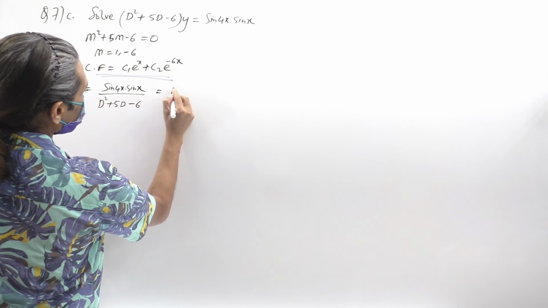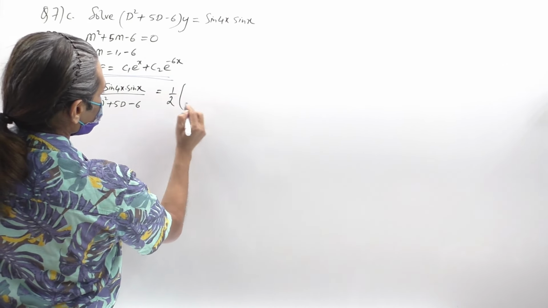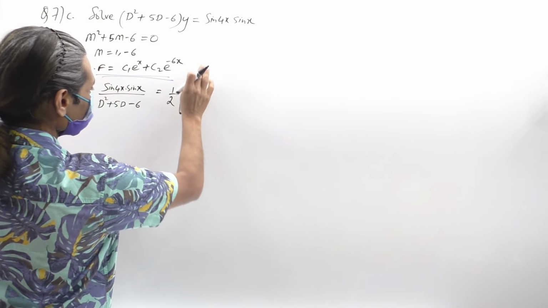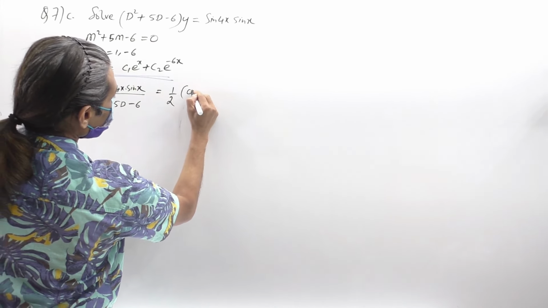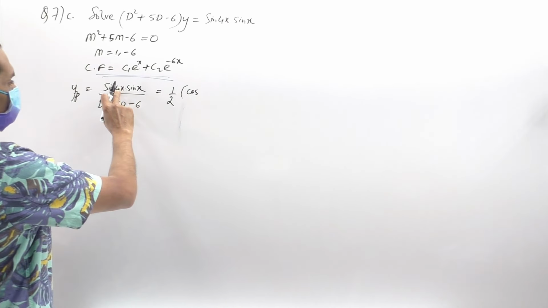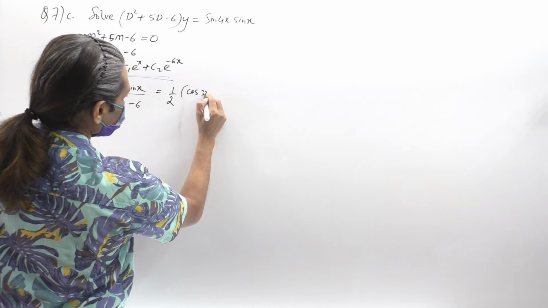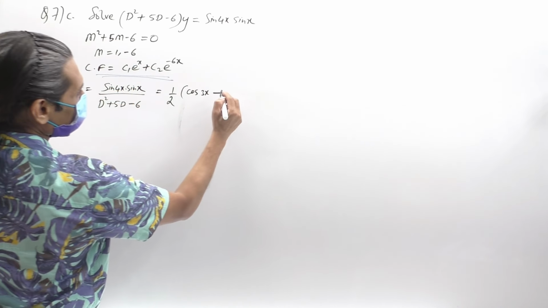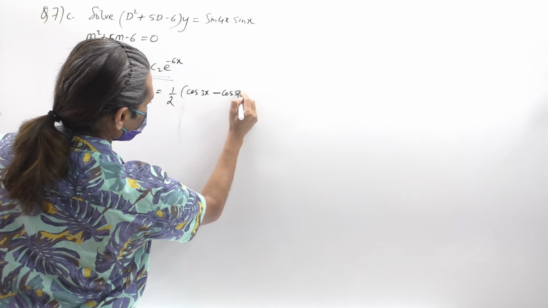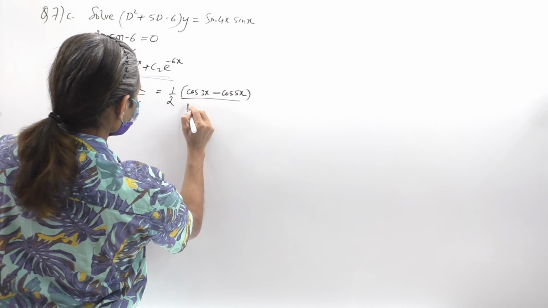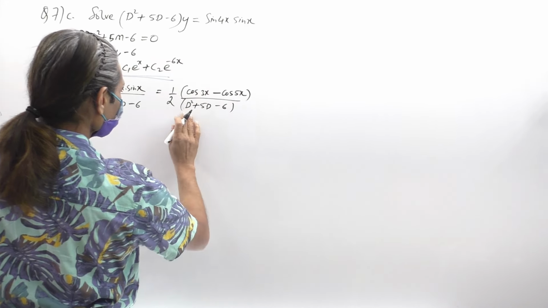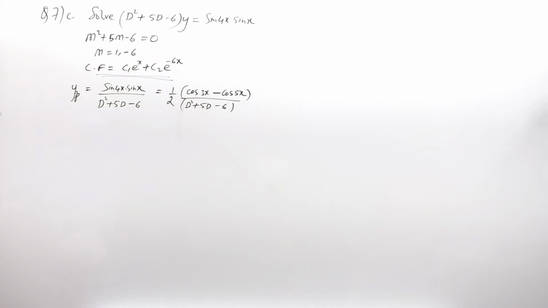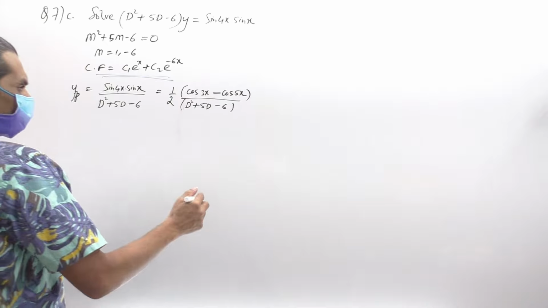Okay. So that is right here. So that will be half, what did I say? Half, sin A into sin B is half of cos(A minus B), 4x minus x is cos 3x, minus cos(A plus B), cos of 5x, whole divided by D square plus 5D minus 6. I repeat, sin A into sin B is half of cos(A minus B) minus cos(A plus B).